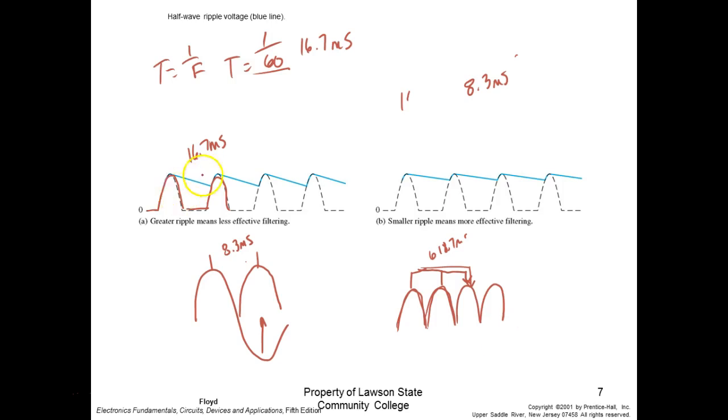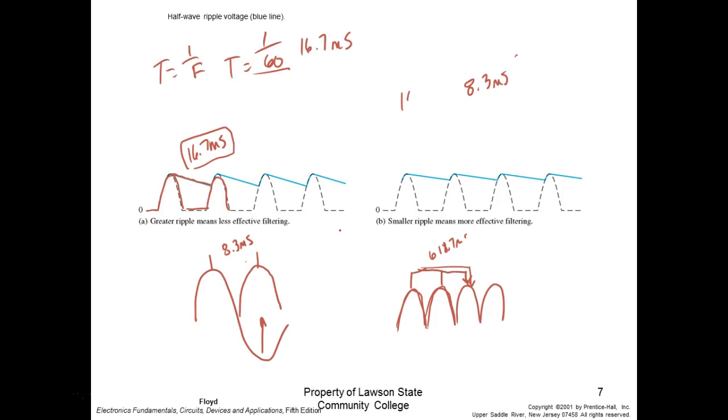So that means here the capacitor would have to run the load for what? 16.7 milliseconds. On a full wave, the capacitor would have to run the load 8.33 milliseconds, or 8.3. So that means if I use the same capacitor, I'll get more out of a full wave than I do a half wave.